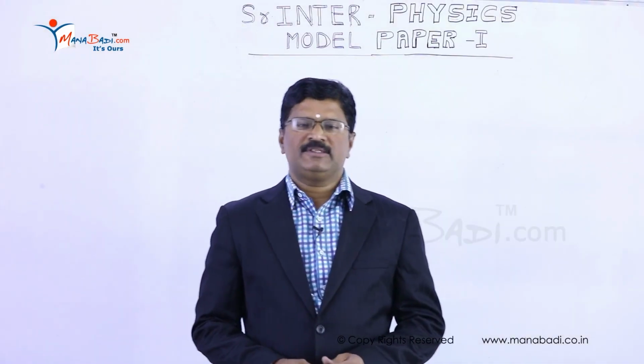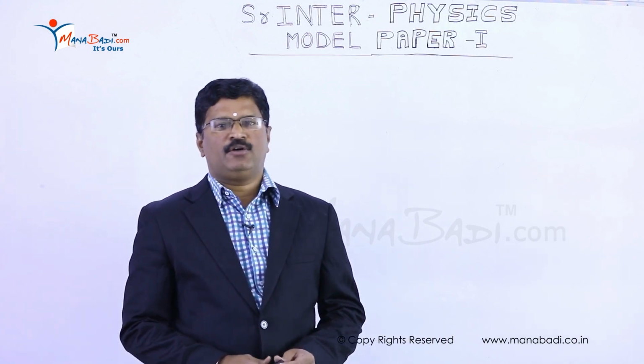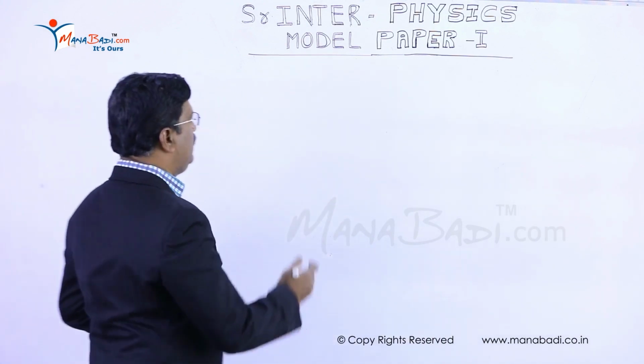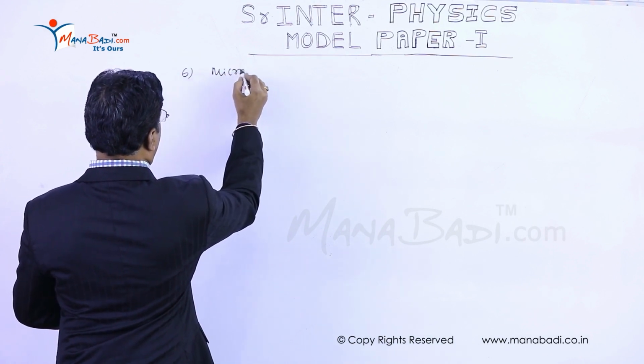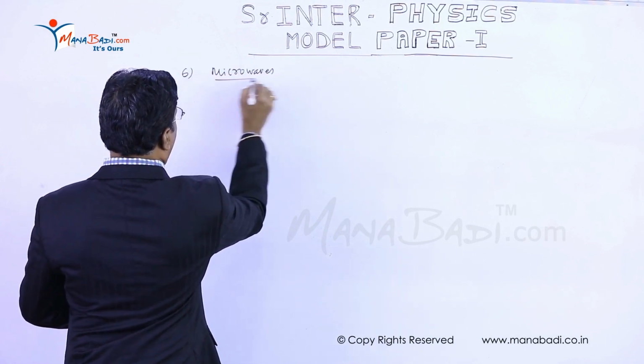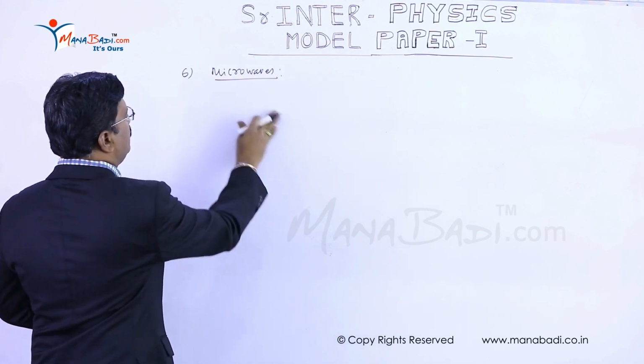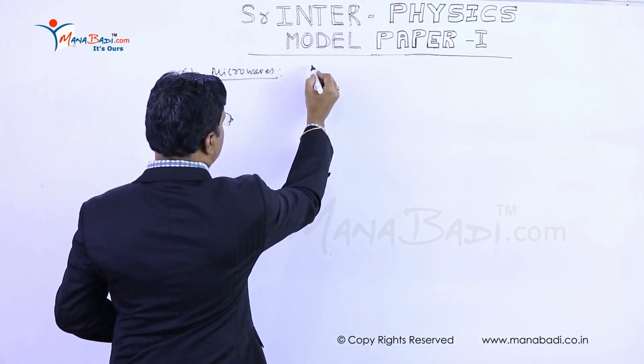Now, question number 6 is the applications of microwaves. Microwaves are electromagnetic waves whose wavelength is short.